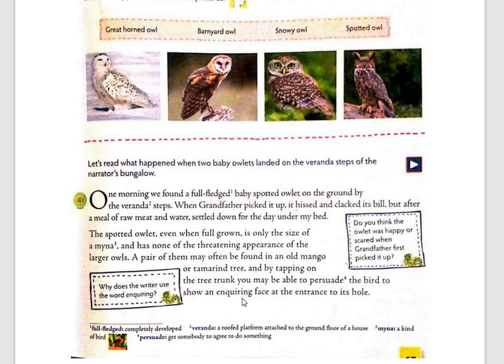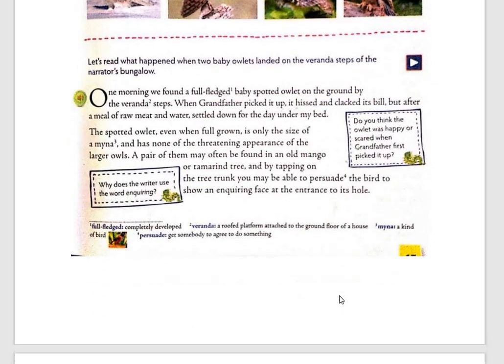Inquiring. That means it is as if it is asking you, what is the cause, why are you tapping here at the entrance to its hole. At the entrance it will just peep through, it will just show its face, and this face is very much inquiring. It's a questioning face: why are you disturbing my peace, why are you tapping here on the tree trunk. So this is what the narrator is trying to say here.